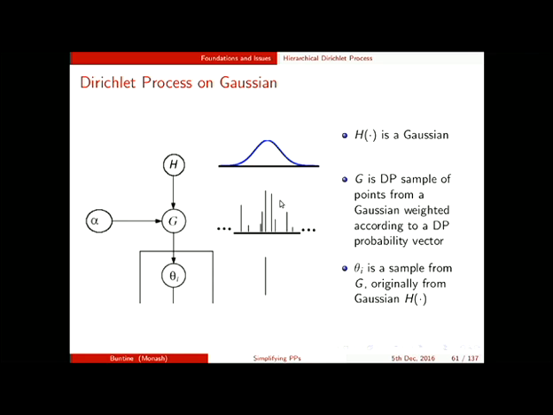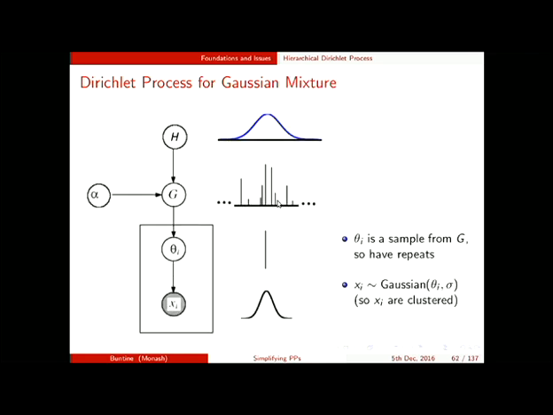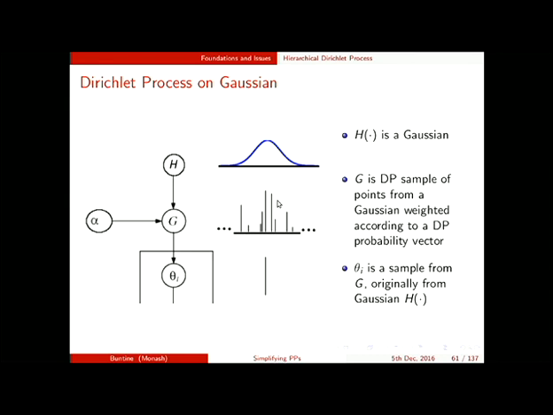So this is a probability vector, which means if we add up all of those weights, we get 1. But the weights are only on at certain places. And the points on this space here have been drawn according to this Gaussian.